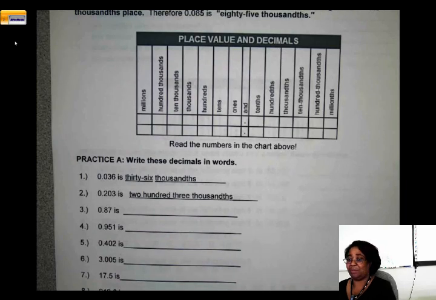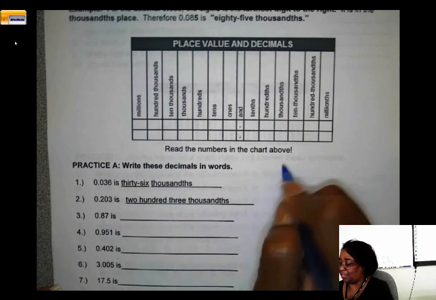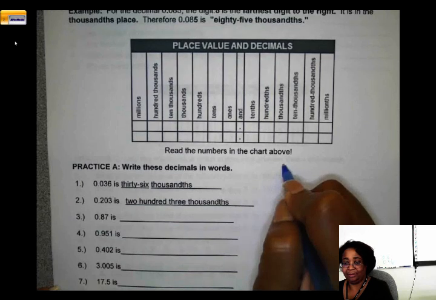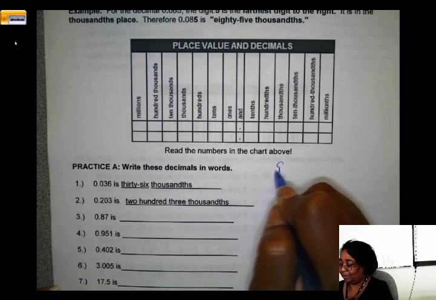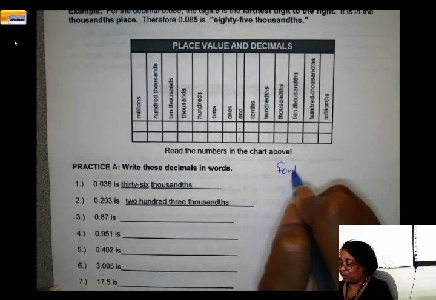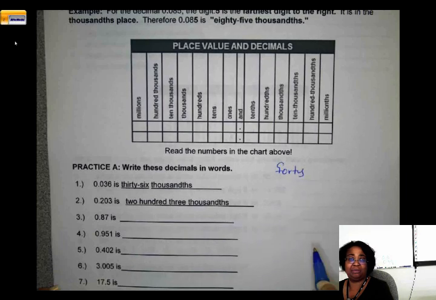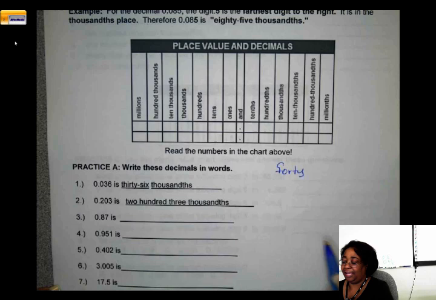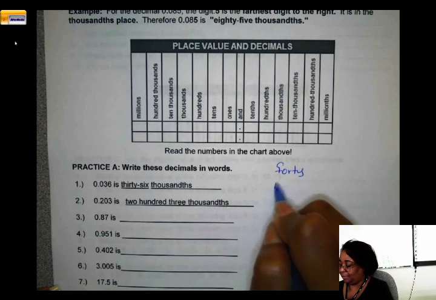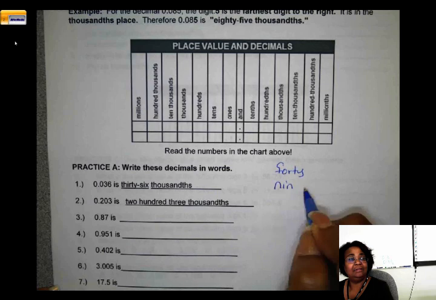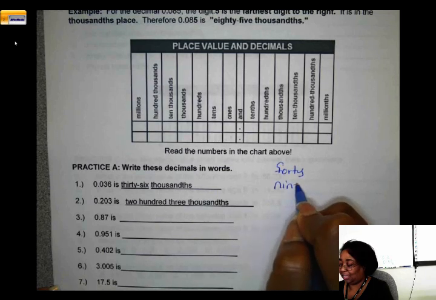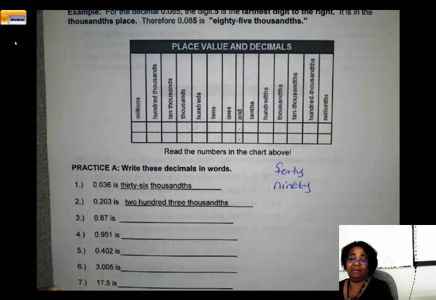A couple of words that people misspell all the time: how do you spell 40? F-O-R-T-Y. That's always misspelled for some reason. Sometimes people put U in there. And then how do you spell 90? N-I-N-E-T-Y. There's an E there.